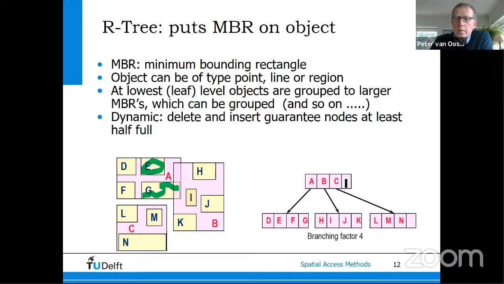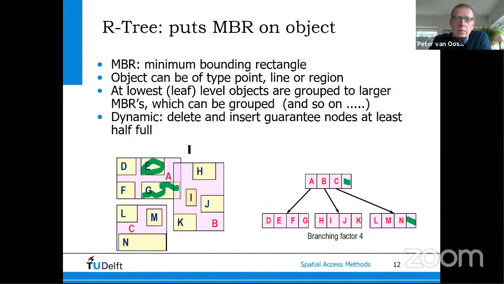So here for every node we have 4 options. And that's called the branching factor. That's the general structure of the R-tree. The number of references to children a node can have, or how many objects it can store, is called the branching factor.